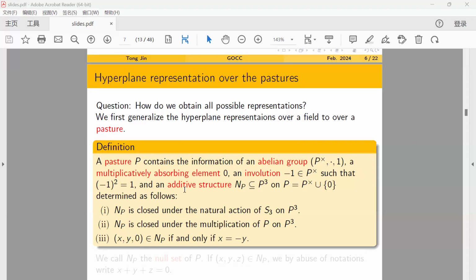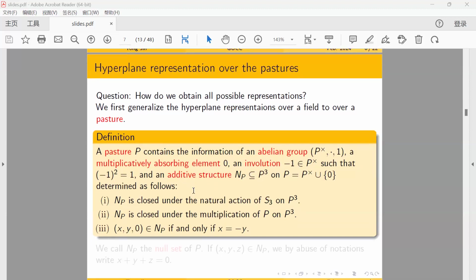And the most important thing is the additive structure on the pasture. So the additive structure is not a binary operation, but a subset of P^3. So it is a set of triples of elements in the pasture P, where P is just the units union the 0 element. And this additive structure N_P is determined by the following axioms.